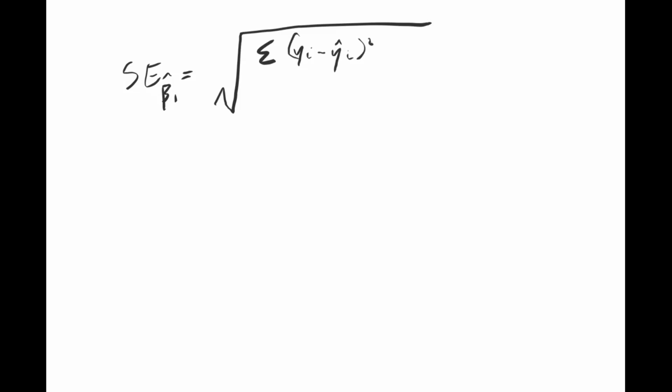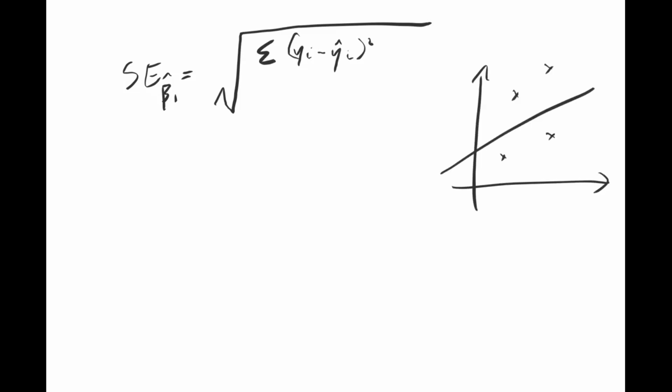So this is simply the difference between your true y value and your predicted y value. In a plot, if this was our regression, yi minus yi hat is the corresponding distance here.